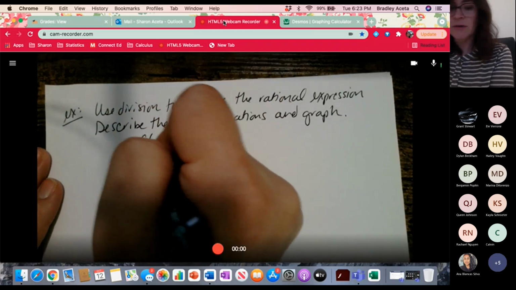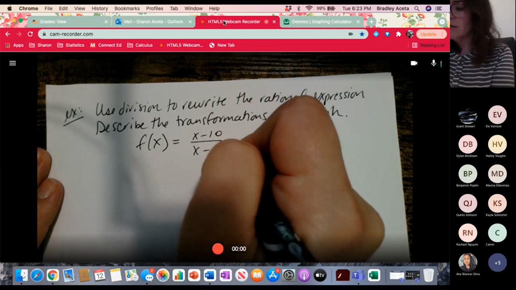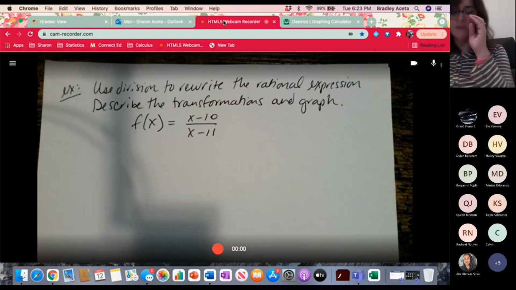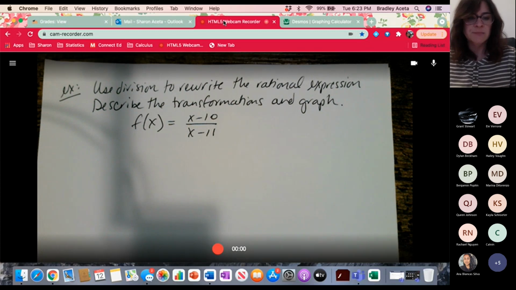And here's what they gave you. F of x equals x minus 10 over x minus 11. Use division to rewrite this rational expression and describe the transformations in graphs.